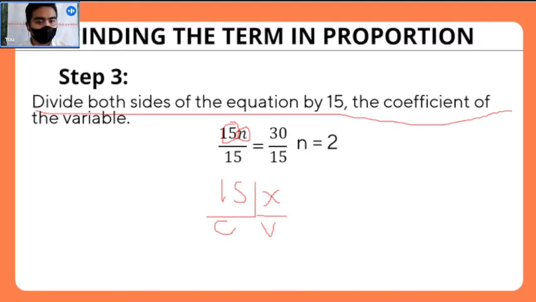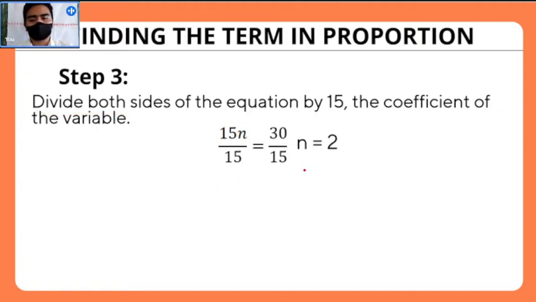So whatever the number beside the variable is what we call the coefficient. Why are we going to divide by 15 on both sides? Because what are we finding in the first place? The one that we are finding is n. This is the only thing that we need.